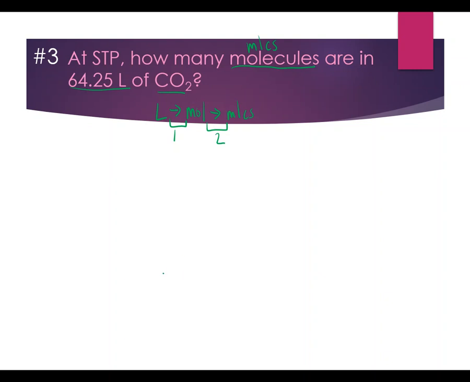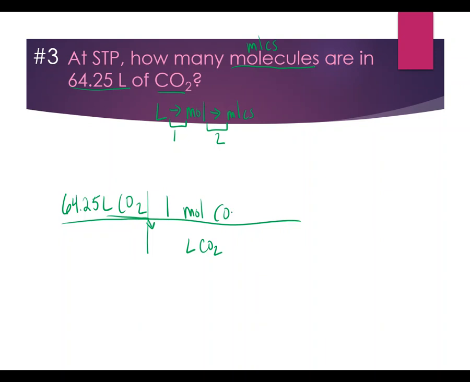I know that it's going to take me more than one conversion step if the word mole isn't in the problem. So I know I'm going to have to do more than one here. So I'm going to set up my 64.25 liters CO2. Going to diagonal my liters down here, liters CO2, because I want to cancel that, goes in the bottom, and I'm going to go to the mole. I got to make a pit stop at the mole first.